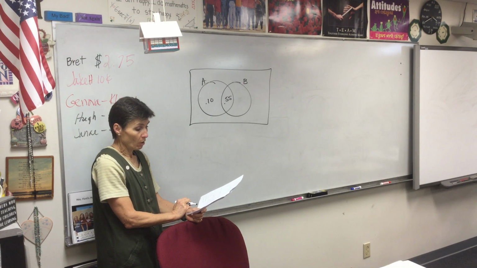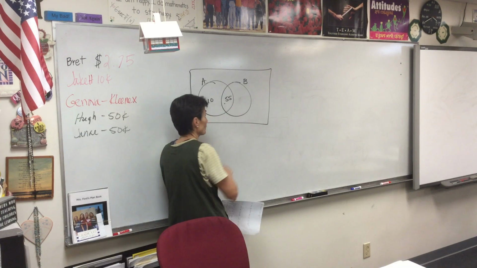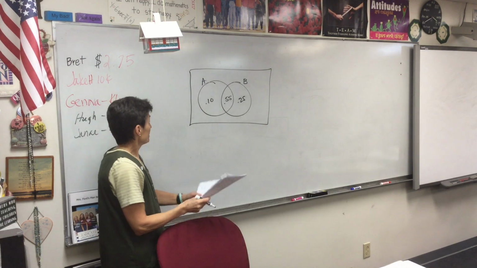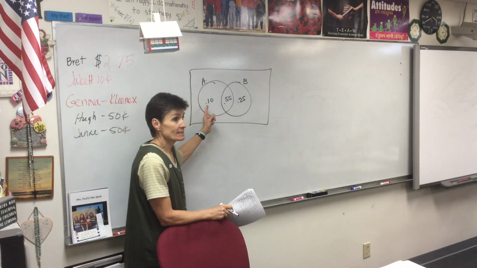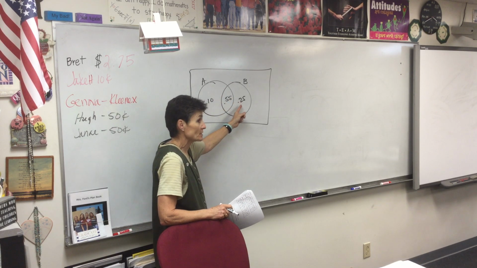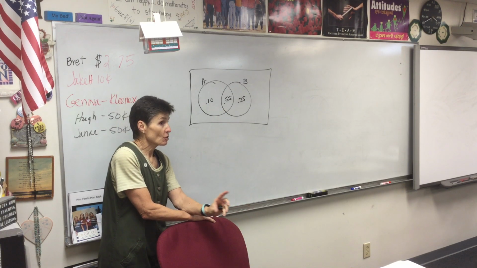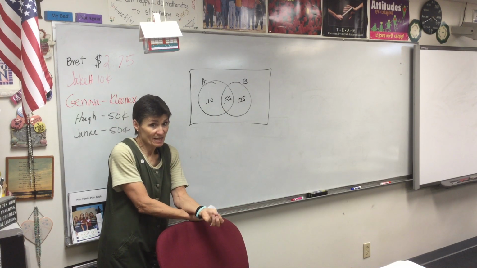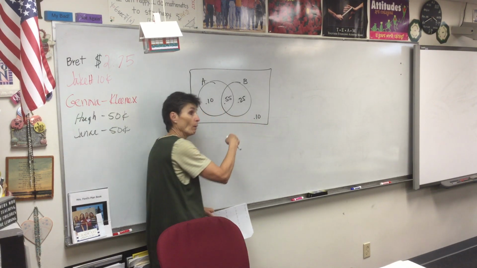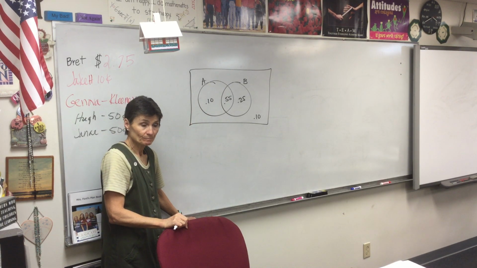The whole B ball was 0.8, or 80, 0.55 of them are here, so this has to be 0.25. When I add all this up, 0.10, 0.55, and 0.25, all that adds up to 0.9. So you know there's leftovers because there has to be 100%. So you must have 0.10 or 0.1 not in A or B, right?